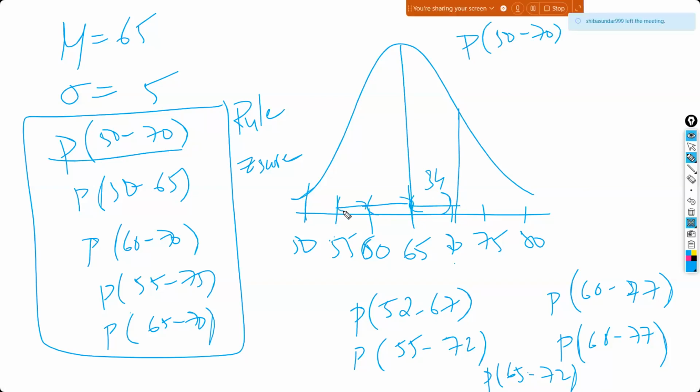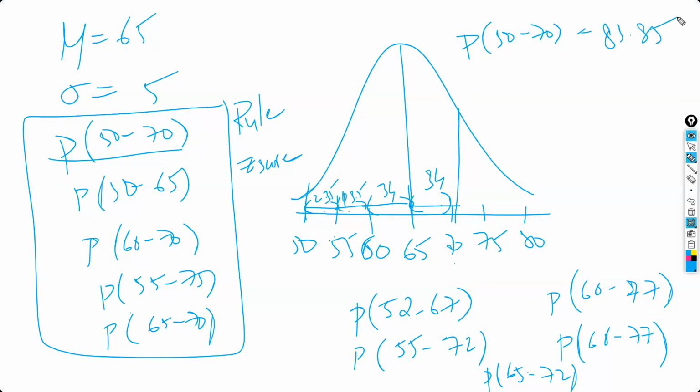This one is 13.5 and this one from the rule is 2.35. So 2.35 plus 13.5 plus 34 plus 34 is 81.5 plus 2.35, which is nothing but 83.85. This is the answer, that is 0.8385.